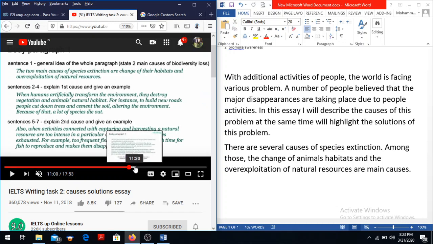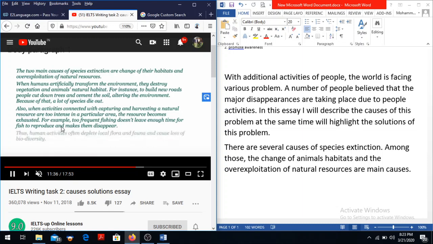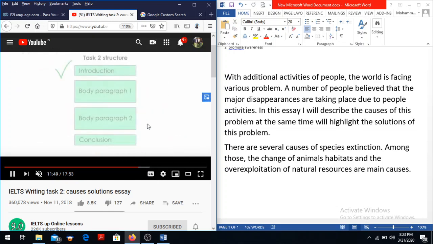So that is the second cause. Now we have to summarize this body paragraph. Thus, human activities often deplete local flora and fauna and cause loss of biodiversity. So that is the summing up of the first paragraph.